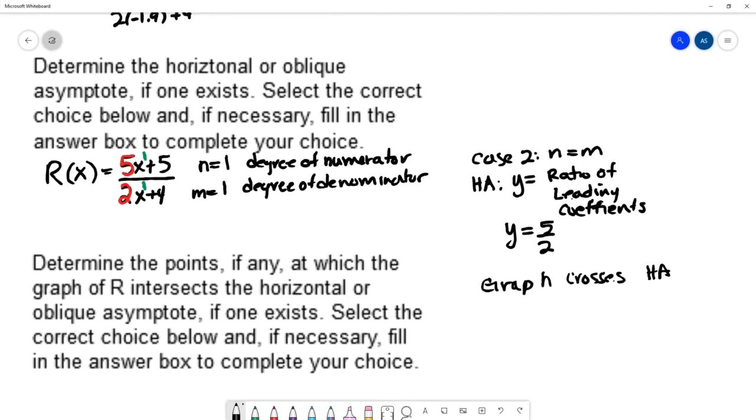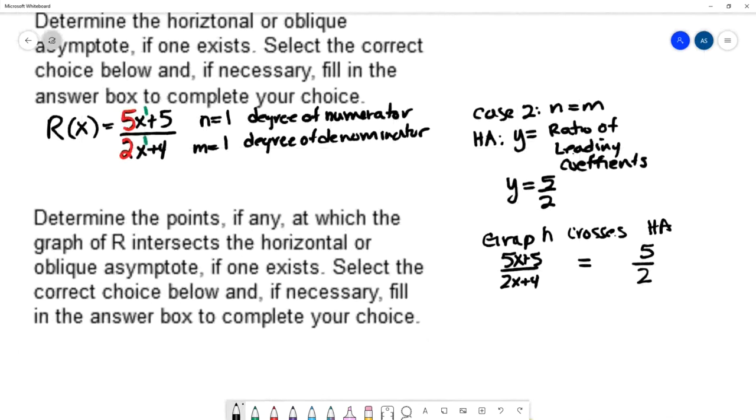So the graph we're referring to is the graph of 5x plus 5 over 2x plus 4. And the horizontal asymptote that we found is 5 over 2. And if they cross each other or intersect each other, that means they have to be equal to each other. So we can create this equation where you set the function equal to the asymptote that you just found, and that's going to tell you any points where they cross each other or where they equal each other.